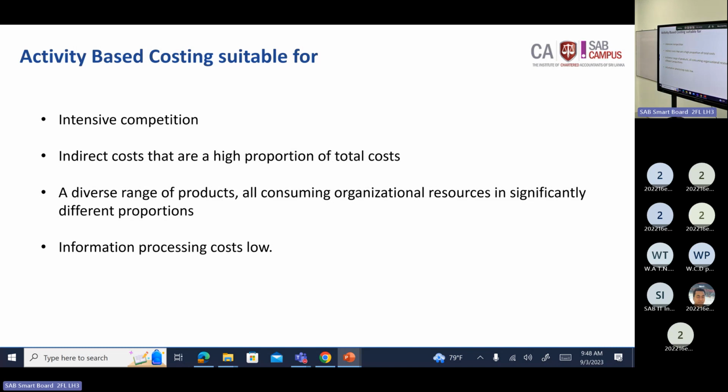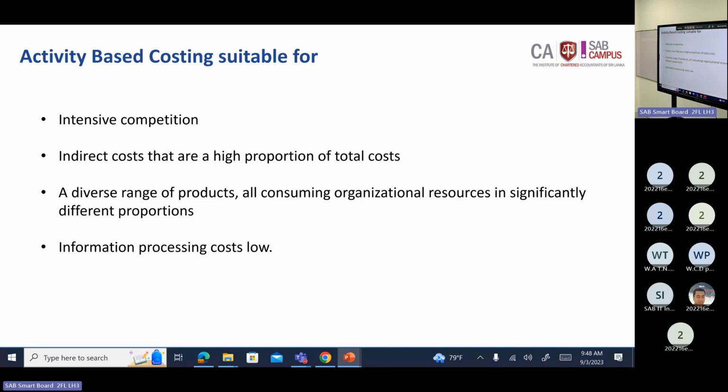You anyway have a good information processing system, so we don't need to get a separate system for this. We have a small business. If you go for traditional costing, you can manage with Excel. But if you go for activity-based costing, we think we need an ERP, so no point.